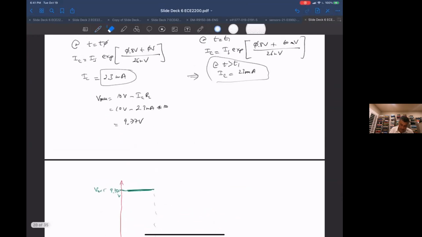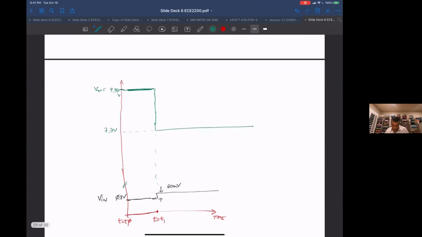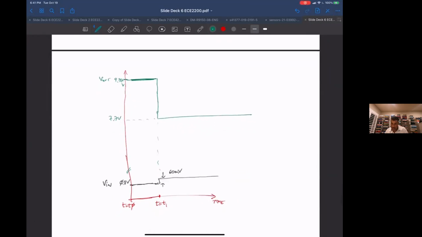And when I go to t equal to t1, V out is going to be 10 volts minus 23 milliamps times R_L, or 10 volts minus, I think it's 2.3 volts, so it's equal to 7.7 volts. So the output is going to go like that. So that's our delta V out.